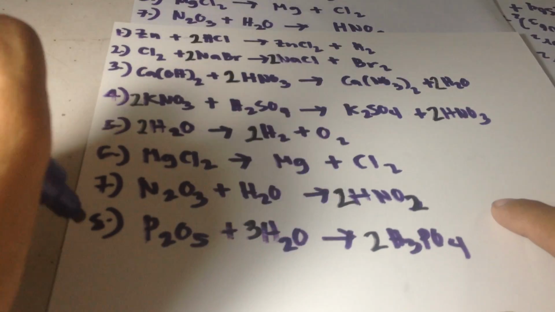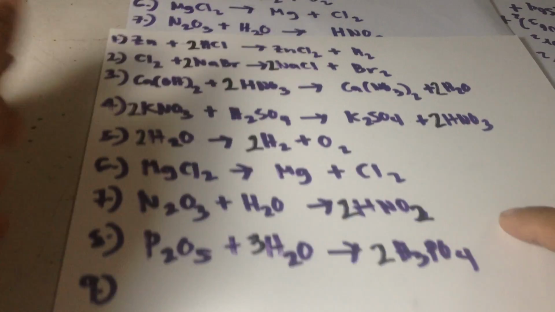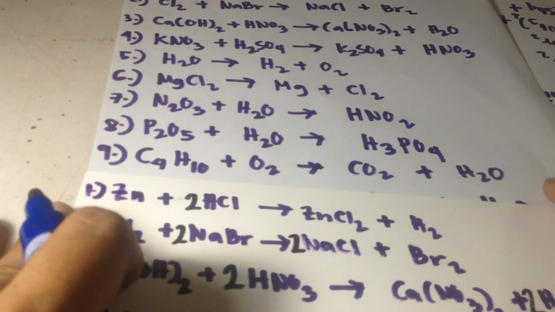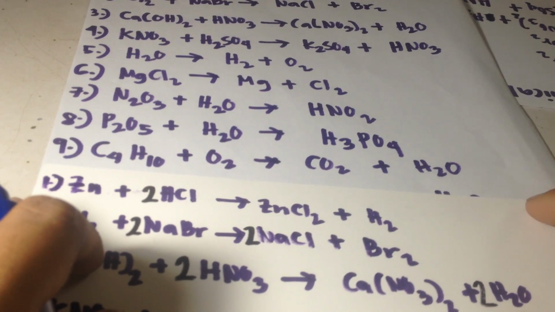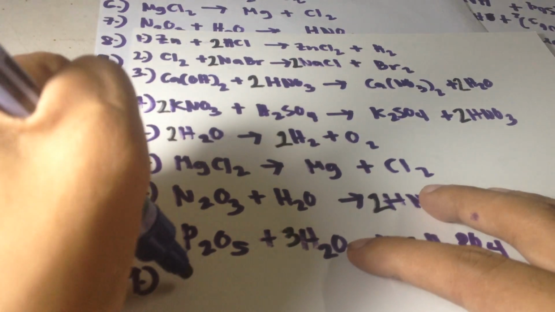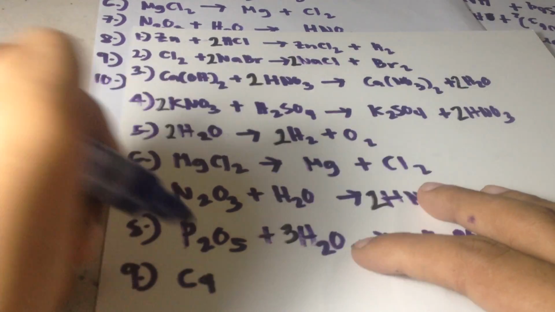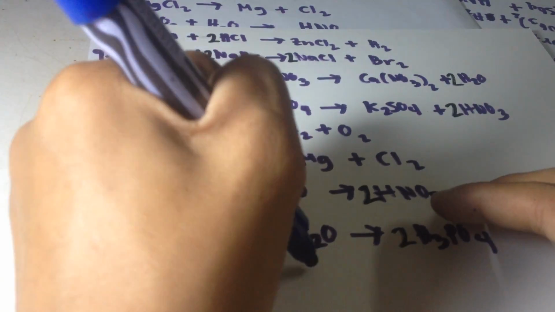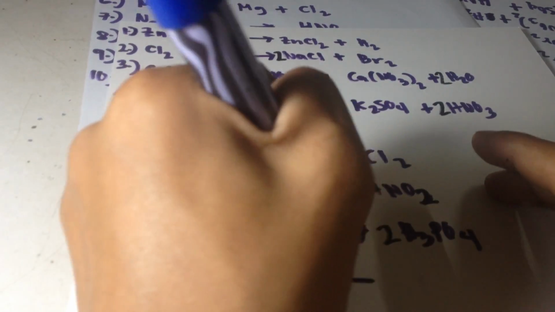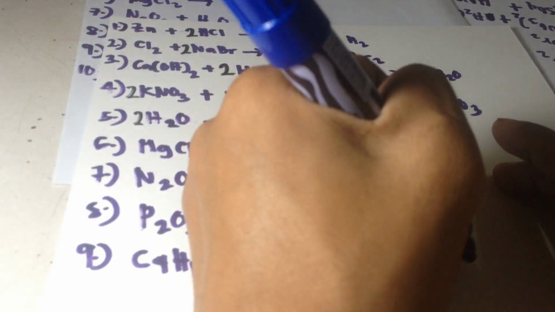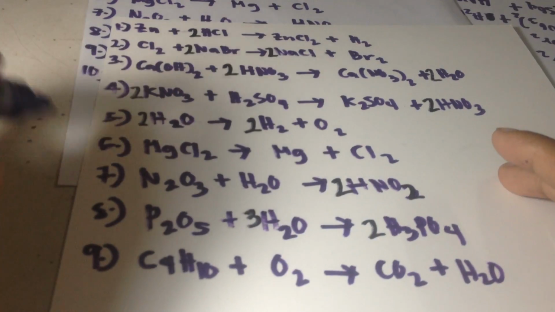So, how about number 9? In number 9, we have C4H10 plus O2 reacts to carbon dioxide plus water.